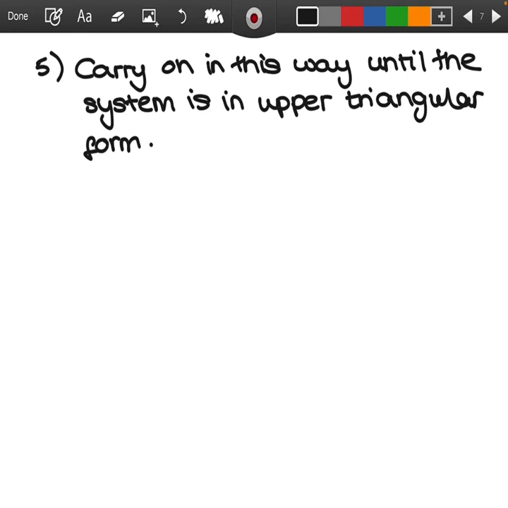Once you have done that, you're then going to work backwards. So you're then going to do backward elimination, where you use your last variable from your last equation to eliminate that variable from everything above the last equation.